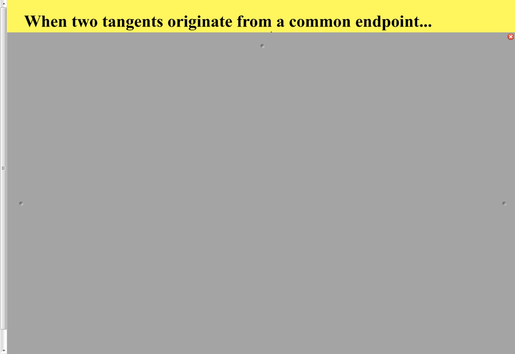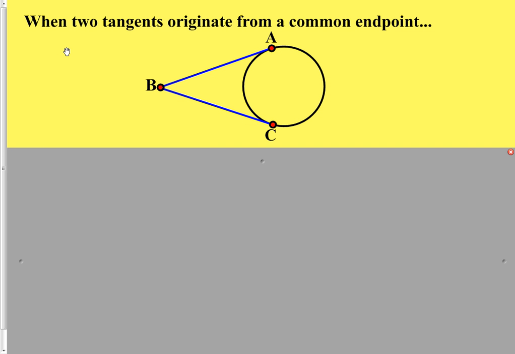The first rule that we're going to look at is when 2 tangents originate from a common endpoint. Now, this is actually a rule that we already talked about, but it fits in 2 different places in our discussion. Here is the situation. We have 2 tangents, line segment AB and line segment BC.